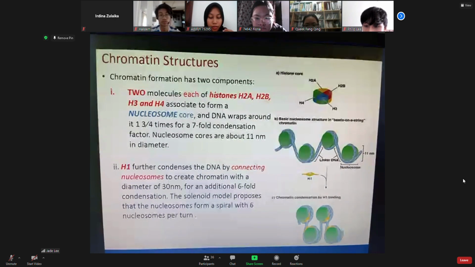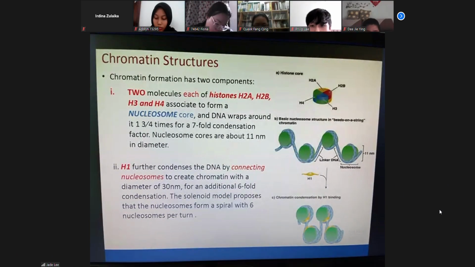H1 tu dekat mana? Dekat sini, yang warna kuning ni. Nampak? Dia tidak tergolong dalam histone core. Histone core terdiri daripada H4, H3, H2A, H2B. Tapi H1 ini, ingatlah, tidak tergolong dalam histone core.